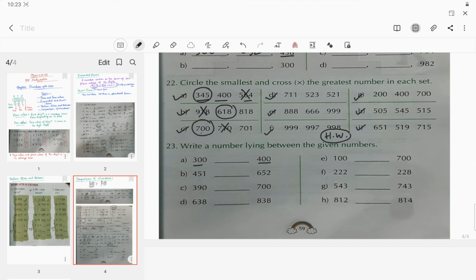You can write 350, you can write 349, you can write 301, you can write 399. Any number you can write, but it should be between 300 and 400. Similarly, all the questions you have to fill up by yourself. Clear? So this is also your home task.